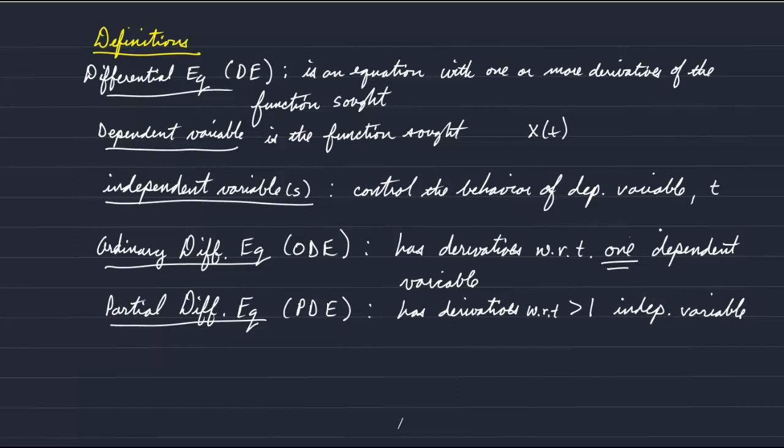I should have written independent variable above. So this is where partial derivatives are describing the function or the equation that we seek to solve.